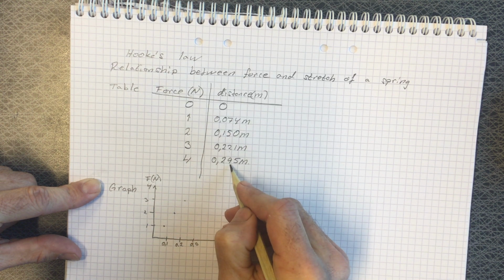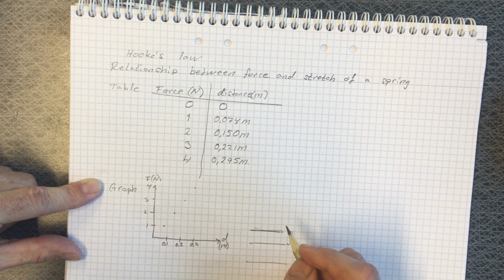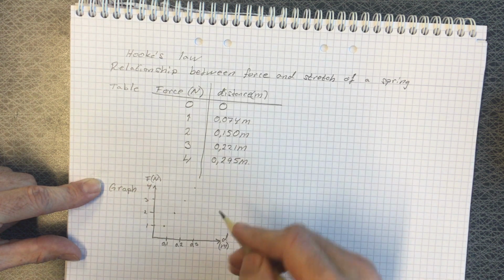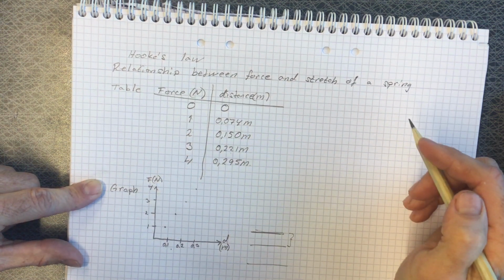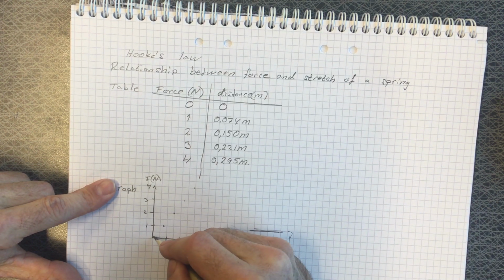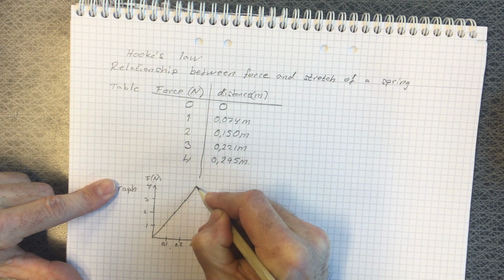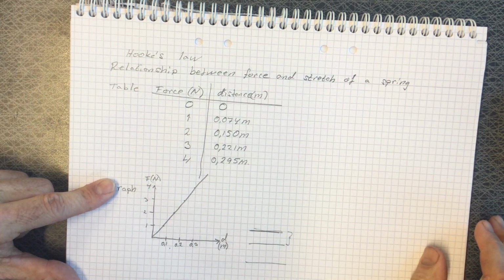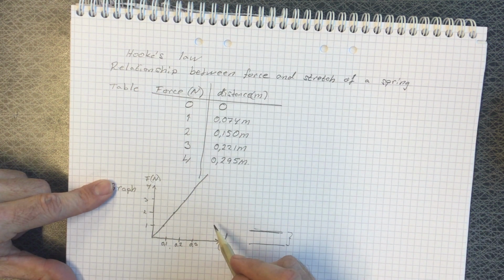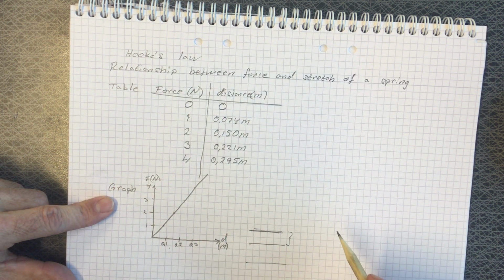And this is a little bit smaller than 0.3, and then I have 4 Newtons. So you see the pattern. You take your ruler, the teacher doesn't need a ruler because they've worked so long, but you use it, and you see the relationship is a straight line. So it's a linear function that describes the relationship between the distance and the force.